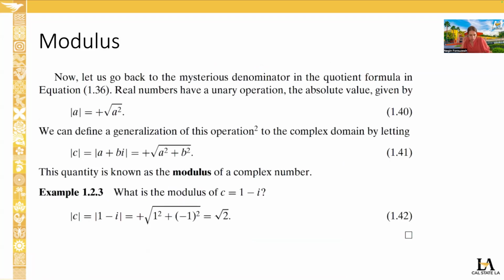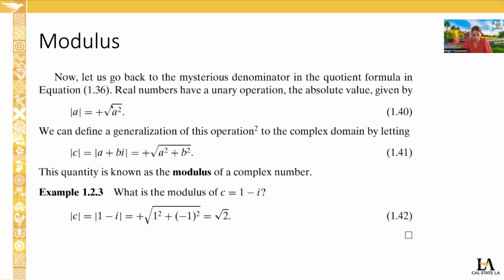And then another thing that is very important is the modulus, or as we shall see later, the length of a complex number. Okay, so you are familiar with this notation. We again had it earlier in discrete structures. So you are basically finding the absolute value of a number when we are using this notation.